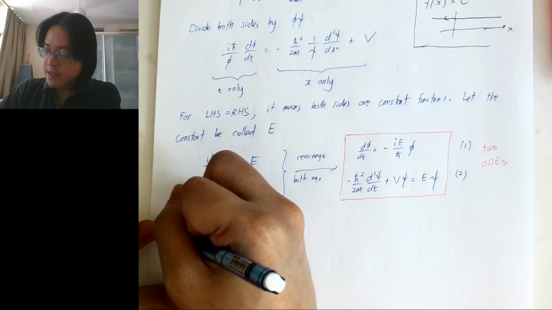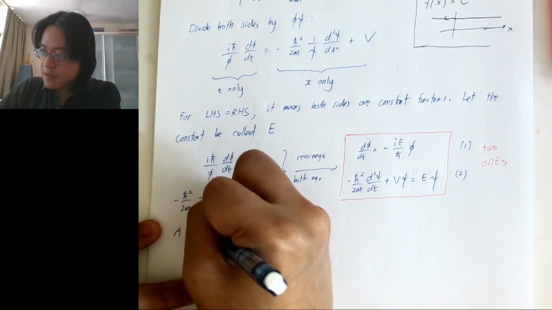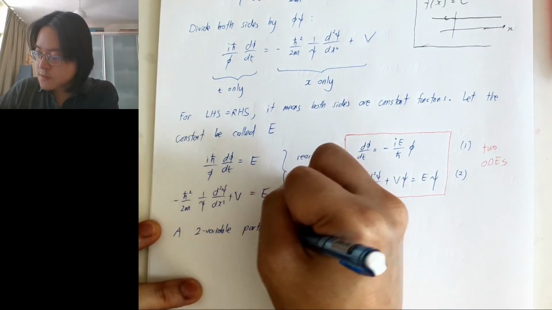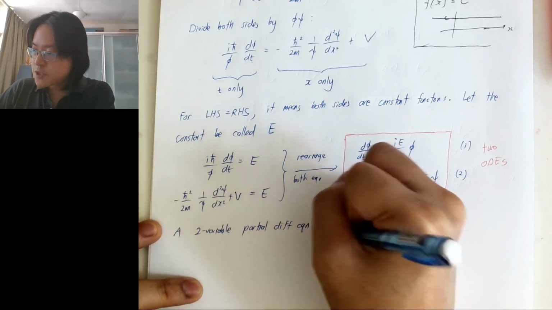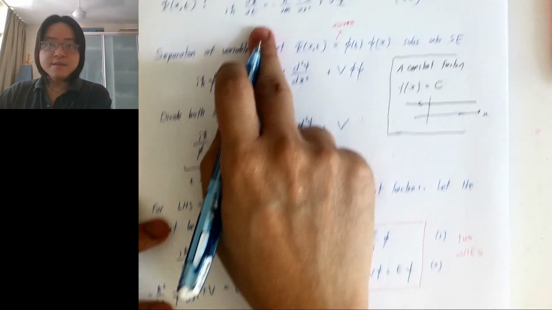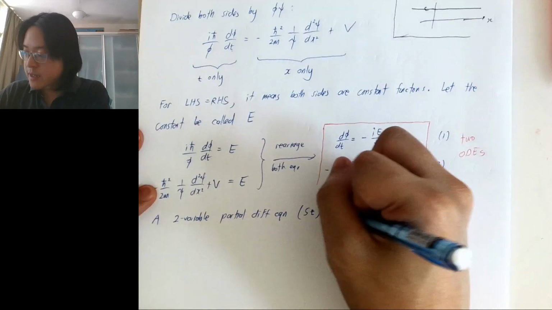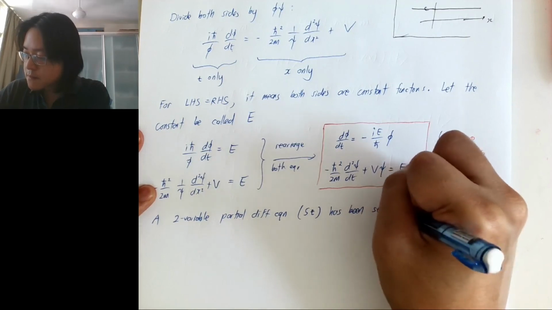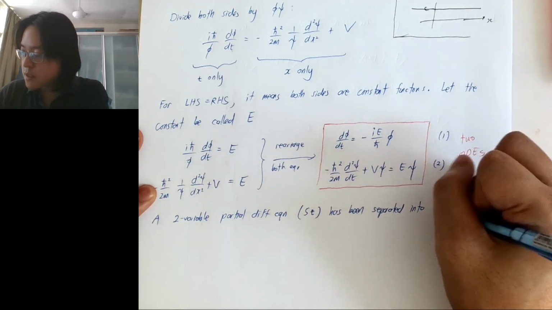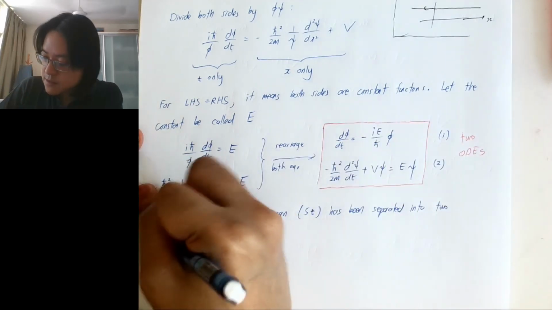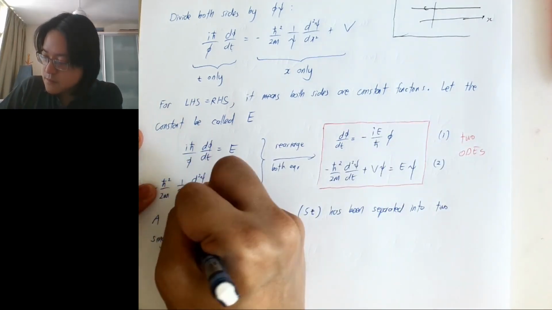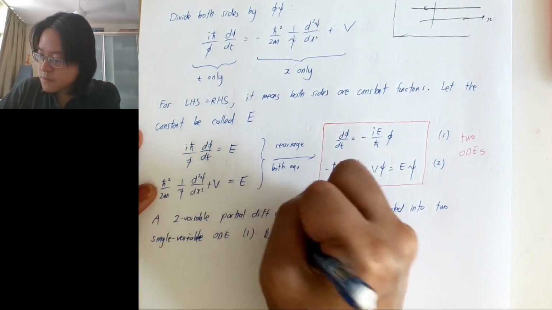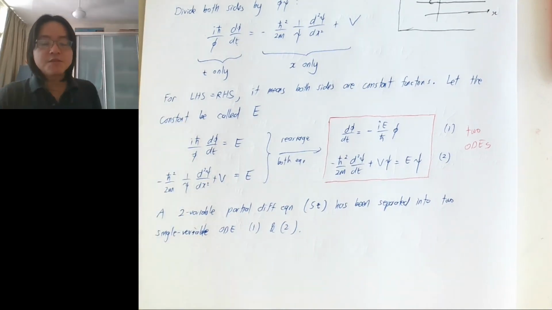What we had was a two variable partial differential equation, which was equation SE, and it has been split or separated into two single variable equations, which are equation 1 and 2. Okay, so that will make our life so much easier to solve.